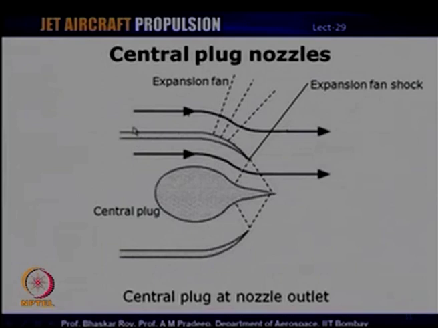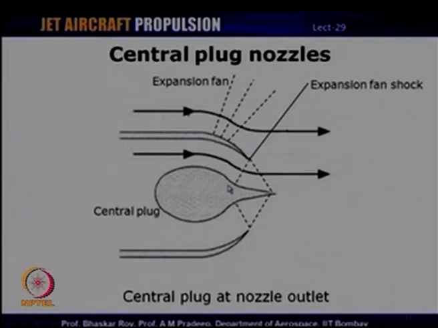Because of the very geometry that you can see here, the flow gets deflected because of the presence of these expansion fans, and this is the expansion fan, and we have an expansion fan at the lip of the nozzle or the exit of the nozzle. So, the position of the central plug can be adjusted axially, leading to different areas at the exit, and this is one of the ways of achieving a variable geometry.